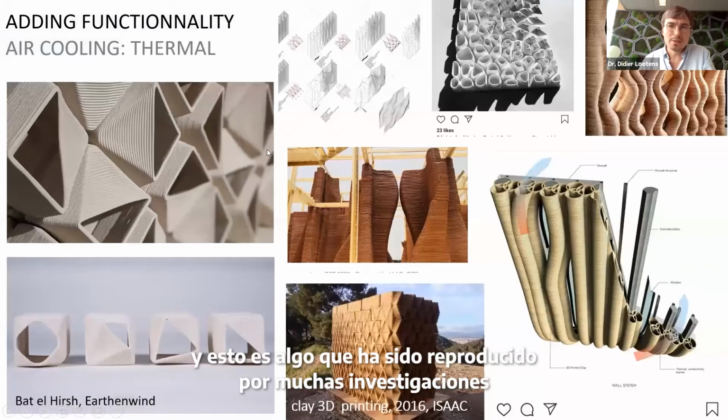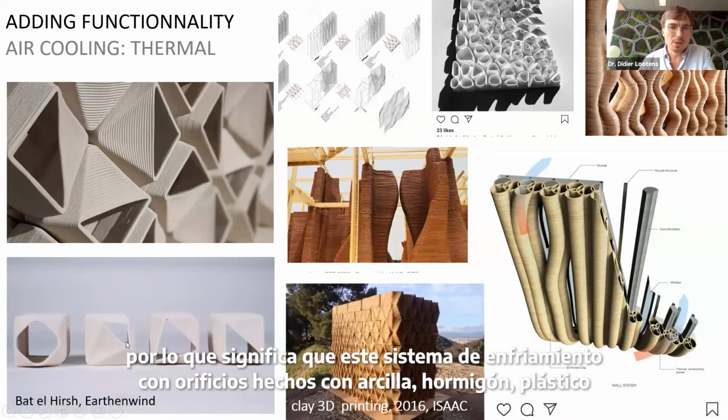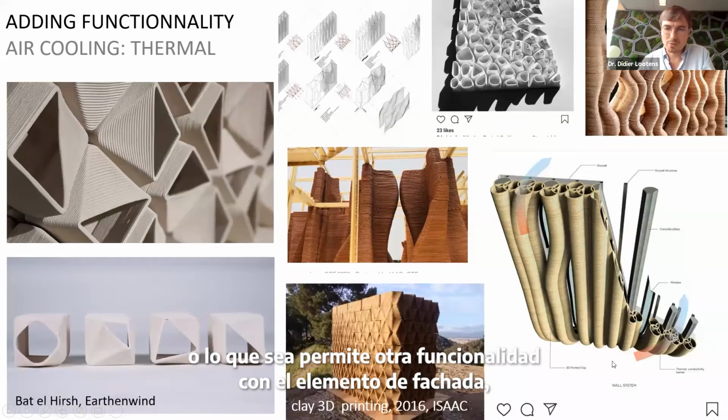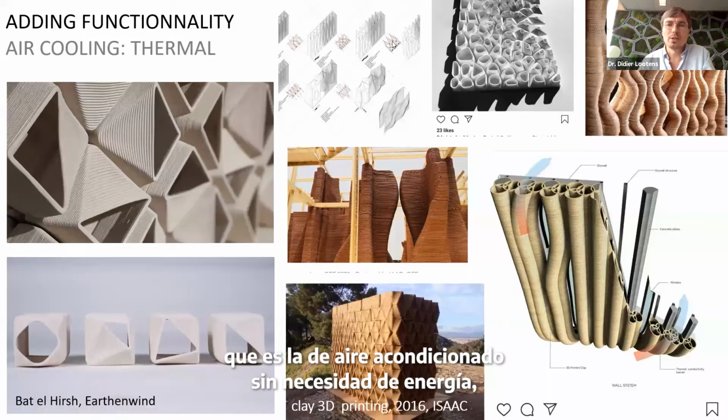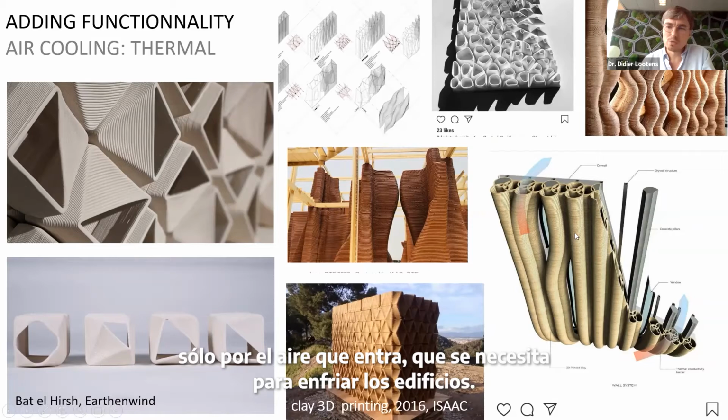And this is something that has been reproduced by many researchers. So with this cooling system, with these holes, made with clay, concrete, plastic, or whatever kind of material, you have with the facade element, with the beauty, another functionality, which is air conditioning without need of energy, just by the air going through, which is needed to cool the buildings.